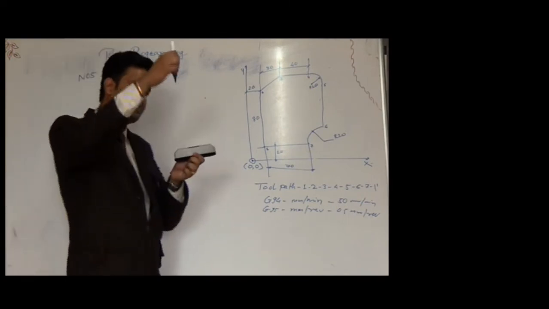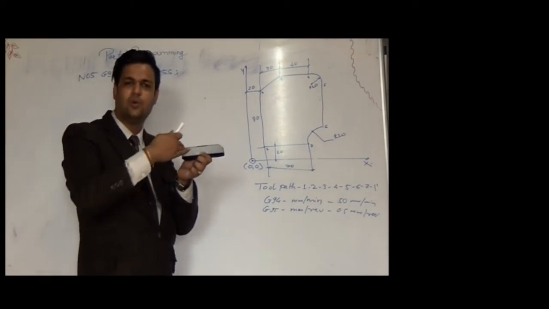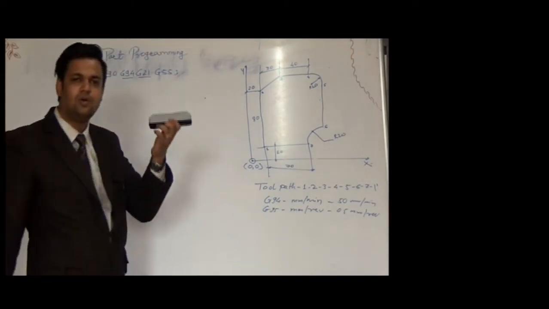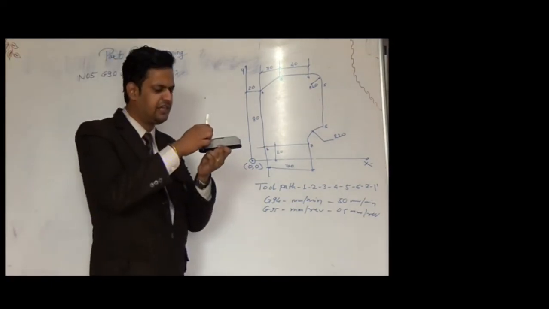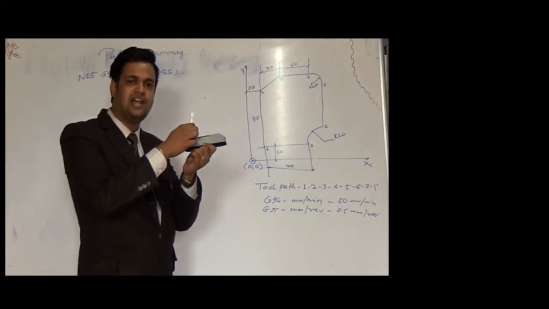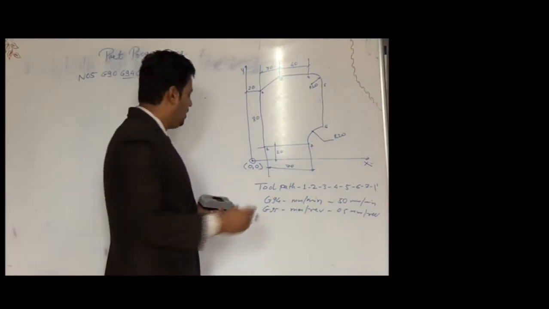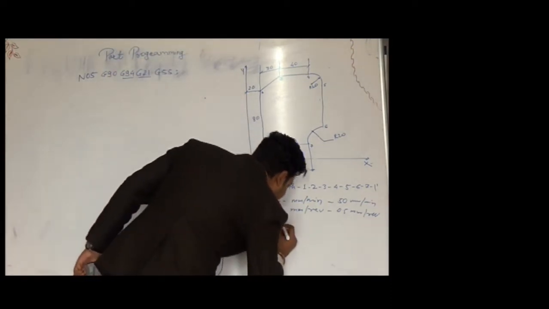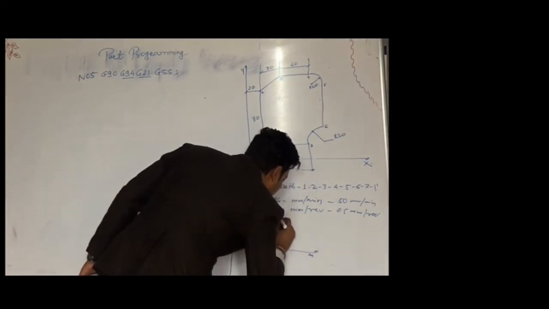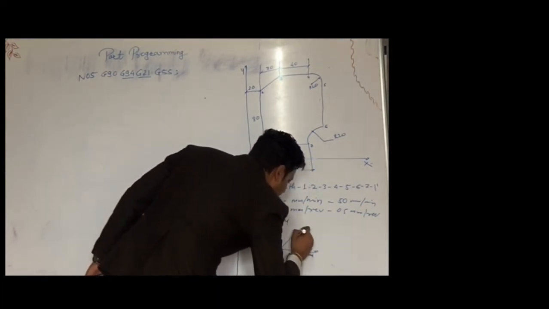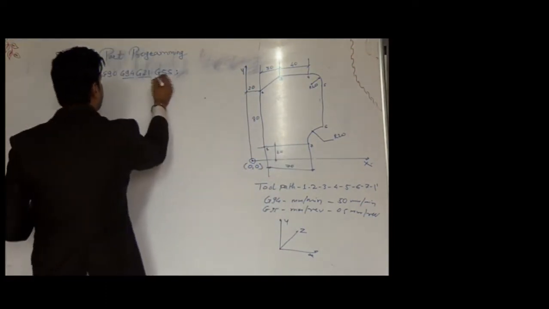First I will make the cutter touch the surface of this workpiece and make Z as 0. Then this surface, make Y as 0, and this surface, make X as 0. So X, Y and Z as 0.